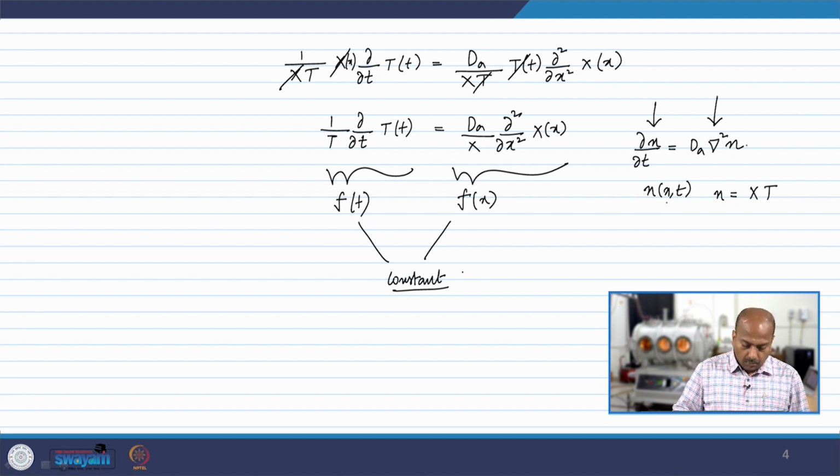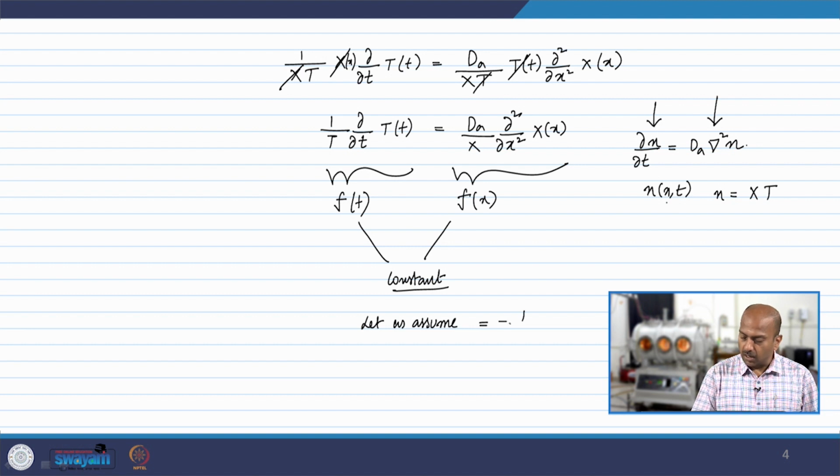Both of these should be equal to the same constant, and let us assume this constant to be minus 1 by tau. Now, we can equate this minus 1 by tau individually to the left hand side as well as the right hand side, and then seek a solution for both capital T as well as capital X of x.